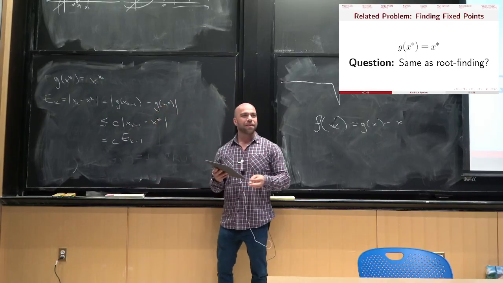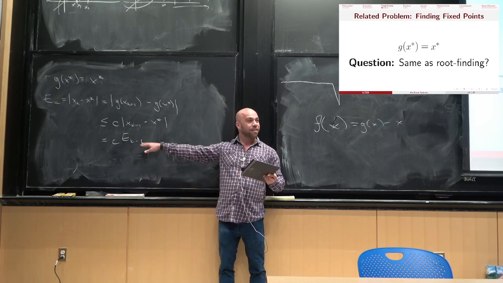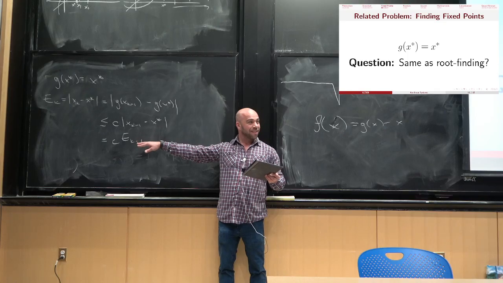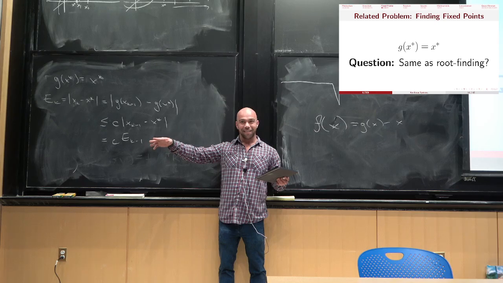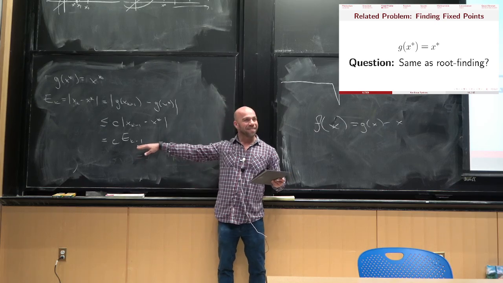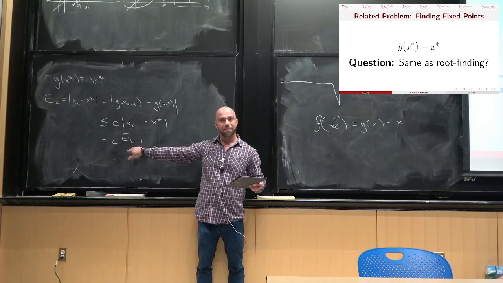So notice, what did we show? We showed that so long as we are c Lipschitz and c is less than 1, our algorithm converges. And what is its rate? Linear. That's right, because it's a linear expression in ek minus 1.